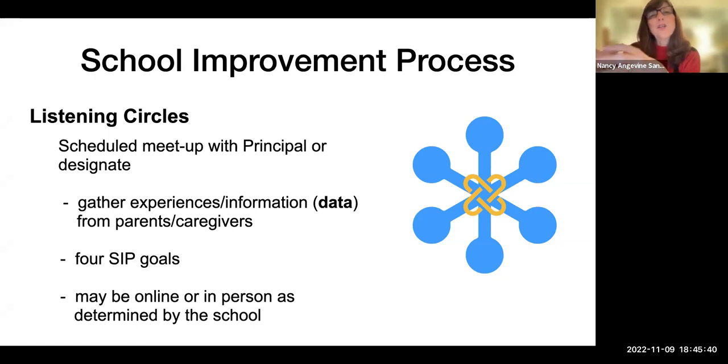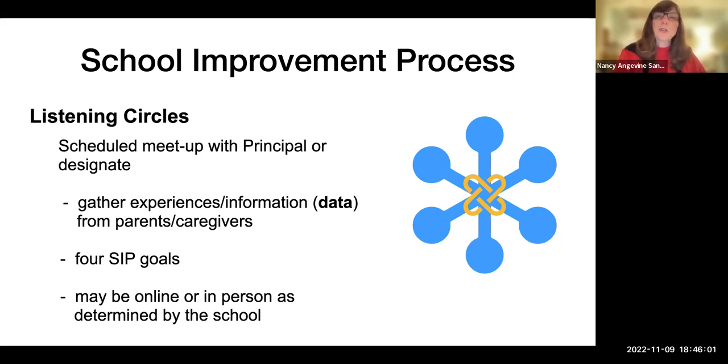But the data that you, as parents and caregivers, can provide about your vision of the way academics or equity or well-being and safety or Indigenous issues and sovereignty are addressed at your school, that data is of equal importance.